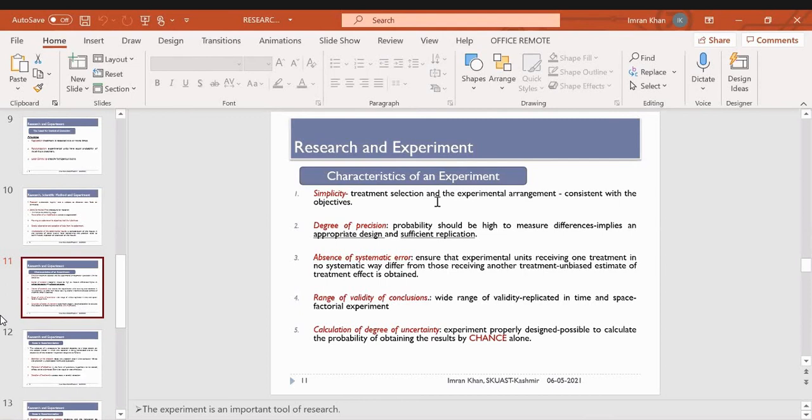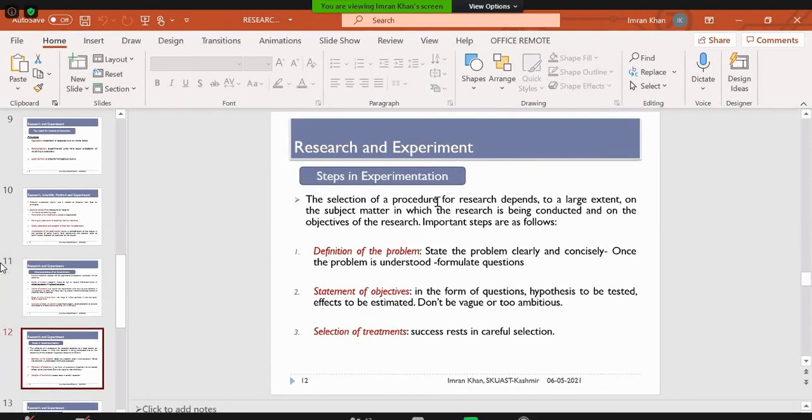It's not that they should suit only a particular case or particular conditions; they should suit a wide range of conditions. Then, degree of uncertainty. Experiments should be such that we are able to estimate how uncertain we are about the results.